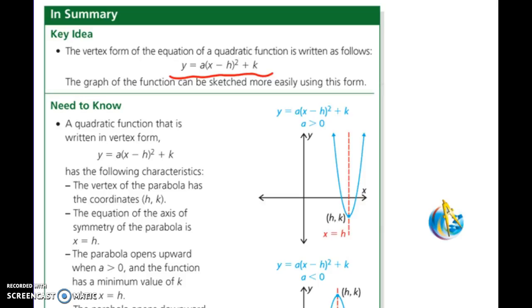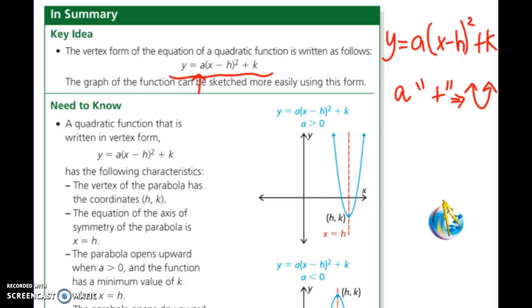So if we look at this equation, the A in front stands for how the parabola opens. So if the A is positive, we talked about this, then you're making a smiley face, it's opening up.